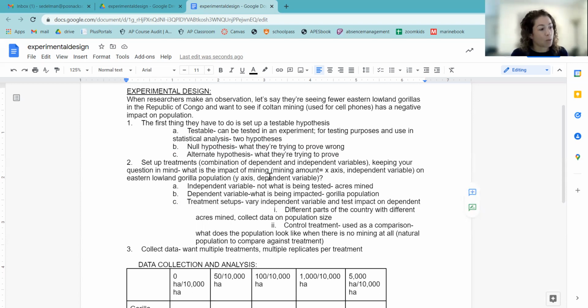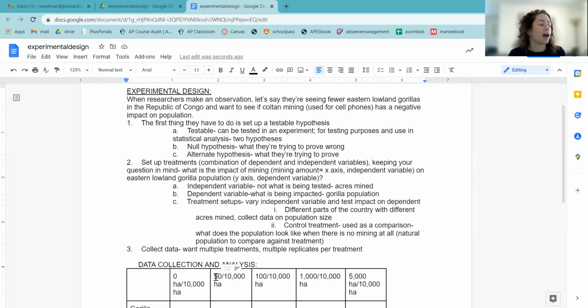The other thing that we want to keep in mind when we set up our treatments is that we want to have not only multiple different independent variables of different amounts, but we want to have replicates of those. So we don't want just one plant growing at a certain wavelength. We want multiple plants. So we want multiple areas that are mined at the same extent.